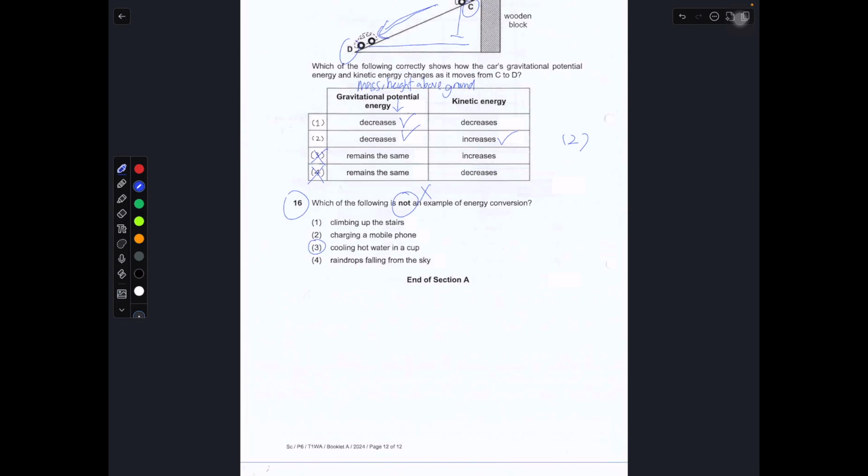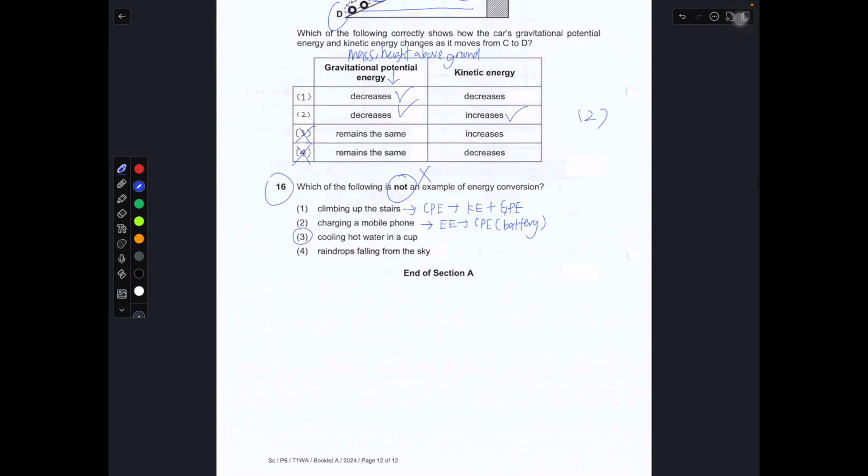Let's explain why 1, 2, and 4 are energy conversions. When you climb up the stairs, you are converting the food you eat inside your body, which is chemical potential energy, to kinetic energy because there's movement, and you're going up above the ground, gaining gravitational potential energy. That is energy conversion.